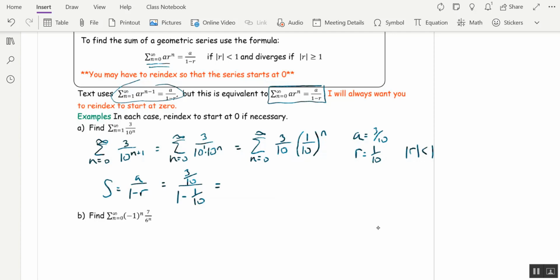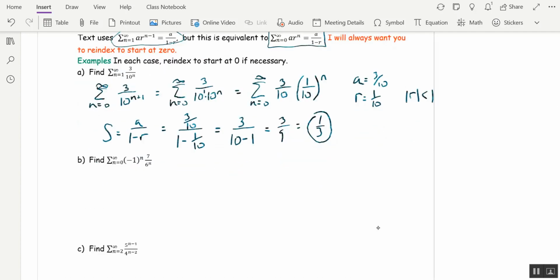In this case, I'm going to multiply top and bottom by 10. On top, I get 3, and on the bottom, 10 minus 1, which is 9. 3 over 9 is a third. So that series converges to 1/3, meaning if I add up all the terms to infinity, I get a third.